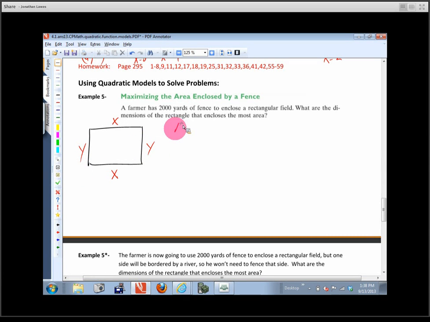And then I want to know what the area of that rectangle is. x times y. Amber, what don't we like about this? It has two variables. So then we've got to stop and think about this, and we've got to come up with some way to get rid of that y. We've got to come up with some way to write it as a function of x. Any ideas?